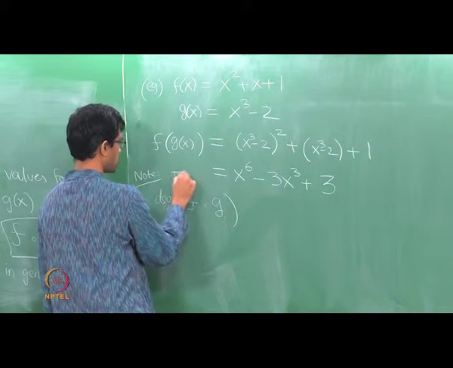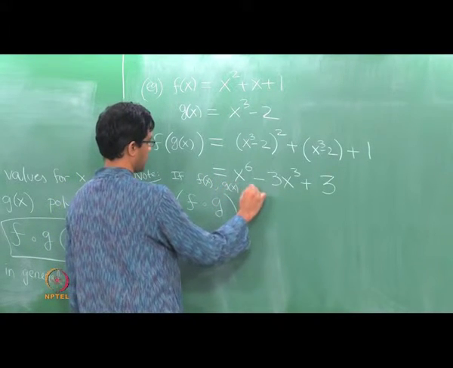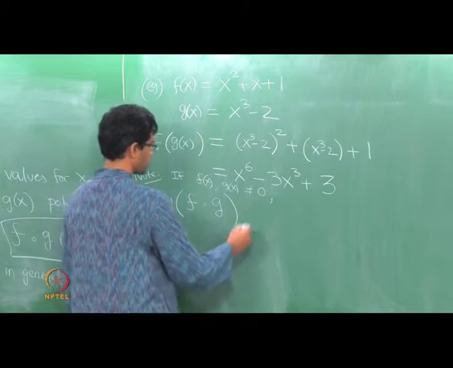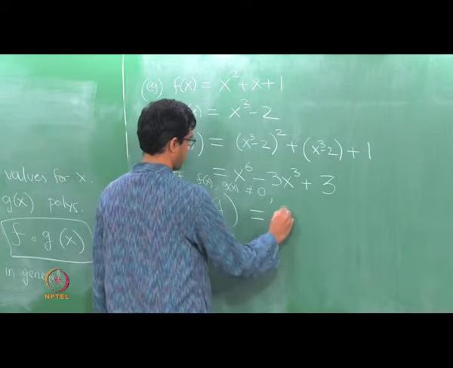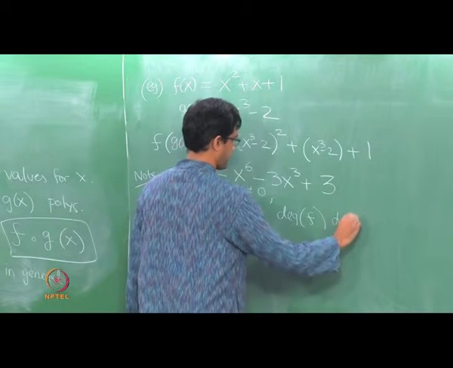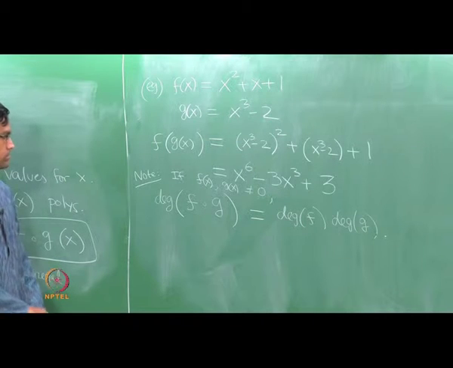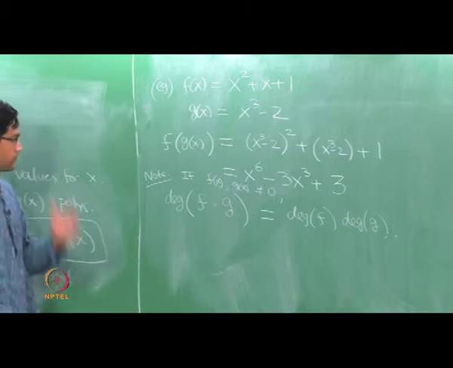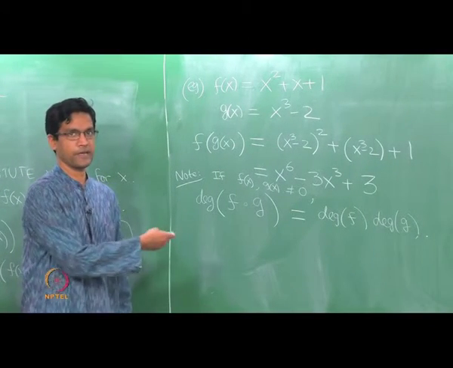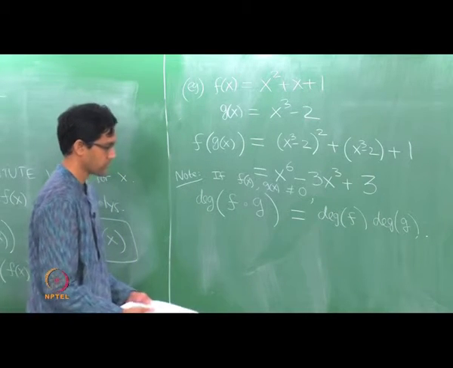If f of x and g of x are non-zero polynomials, then the degree of their composition is in fact the product of their degrees. Okay, so that's going to be true in general. It's very easy to see. Just leave this as an exercise for anyone who wants to check this.